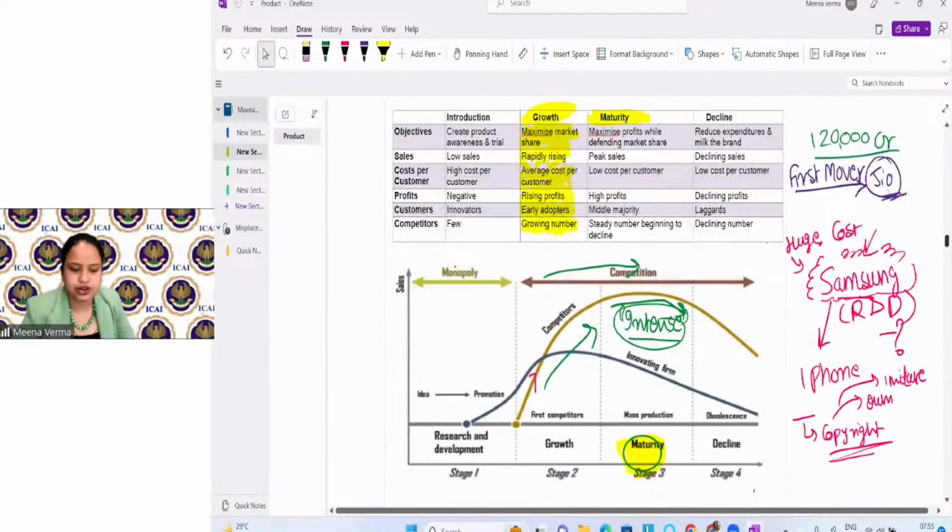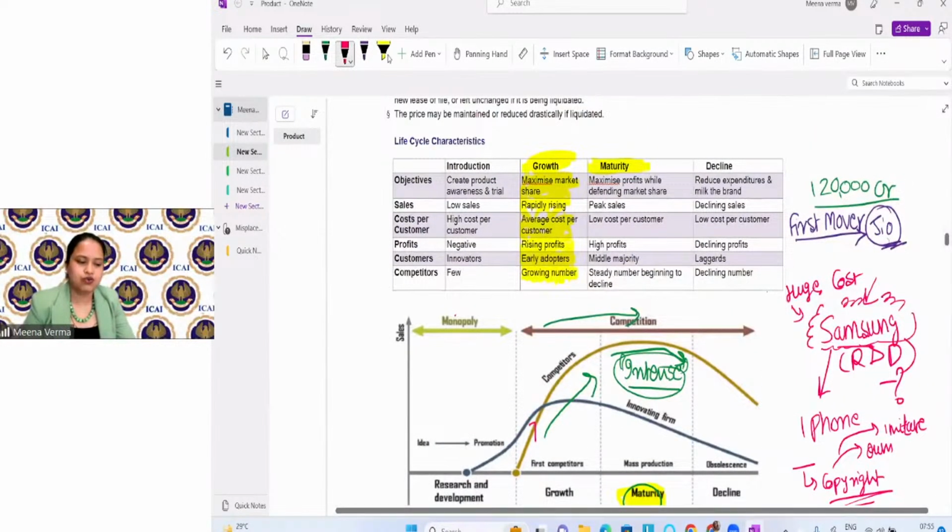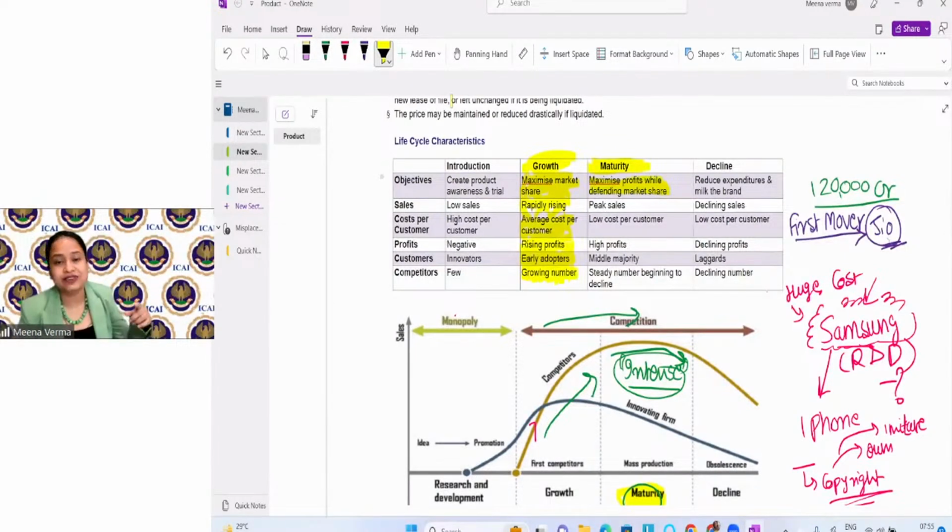All right, so maturity, let's talk about the characteristics of the maturity stage. So what will happen in the maturity stage? Maximize the profit while defending the market share. So in this stage, the company will again try to maximize the profit, but you know that gradually the market share of the company will reduce because the competitors have increased. So here the company has the highest market share.